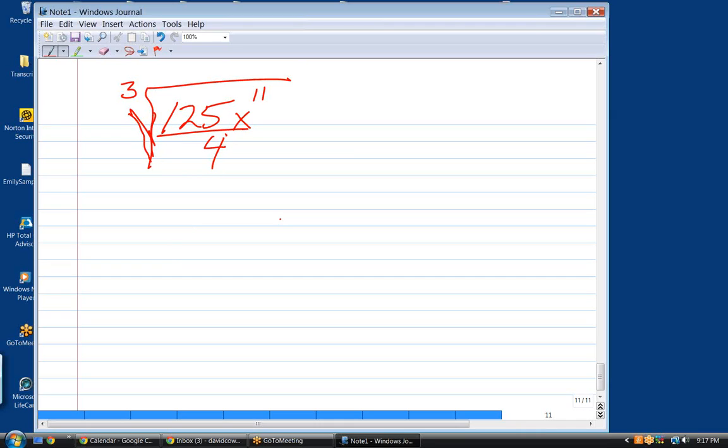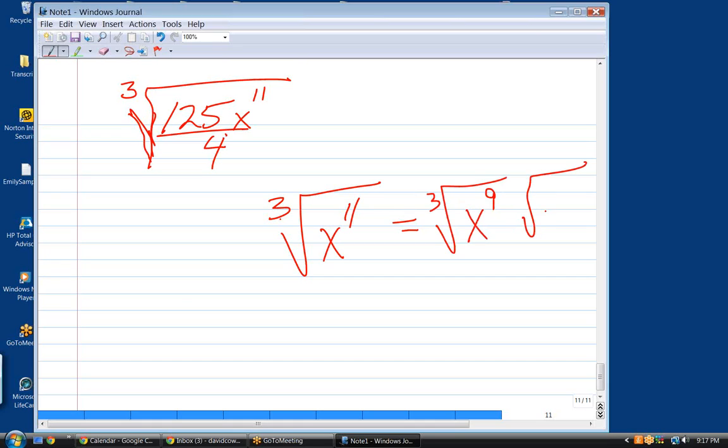Again, we're going to take each one separately, but let's start with the variable. The cube root of x to the 11th. We want to turn that into something where the cube root comes outside the radical, and that would be x to the 9th, leaving the cube root of x squared.